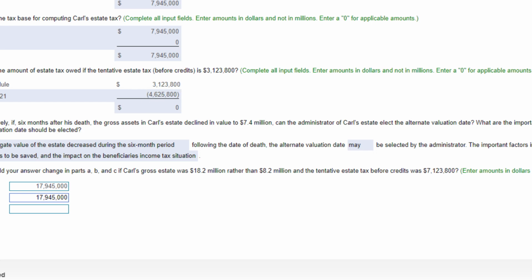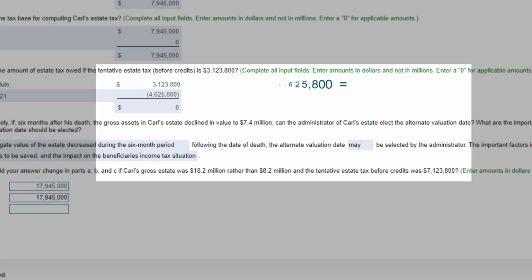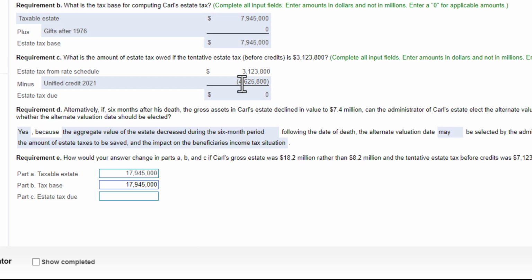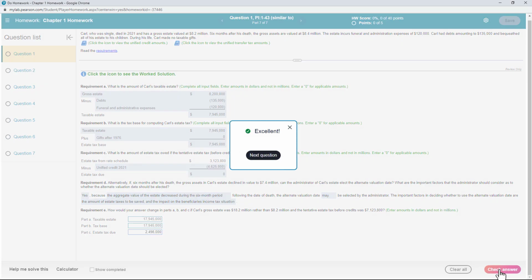So what we're going to do is take that exact amount that they gave you in the problem, $7,123,800, and subtract out that credit, $4,625,800, and that leaves us an estate tax due of $2,498,000. When we check our answers on that, we see that we got them right.